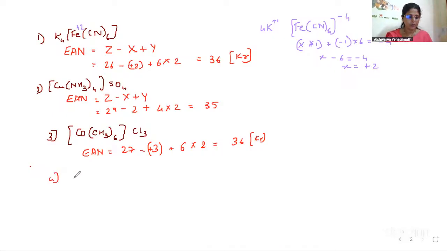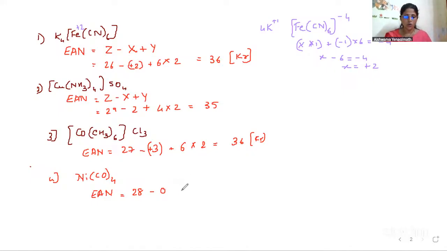Take another example, Ni(CO)4. So nickel carbonyl. This is an example for a metal carbonyl, which is also a coordination compound. EAN value, how do you calculate? Z is 28, minus the charge on Ni. CO is a neutral ligand, so 0 is the charge.